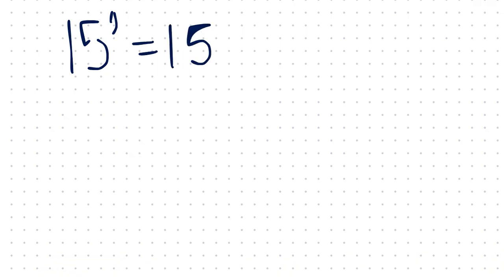So keep in mind that if I have a number and I do not see any exponent on top of the number, then we consider that there is a 1, because I know that 15 to the power of 1 is equal to 15. So if we see, for example, the number 3 and there is no other exponent, we consider that there is a 1, because 3 to the power of 1 is equal to 3.